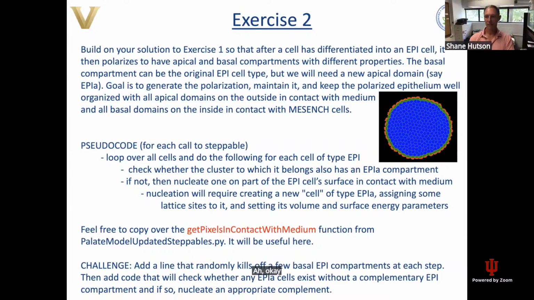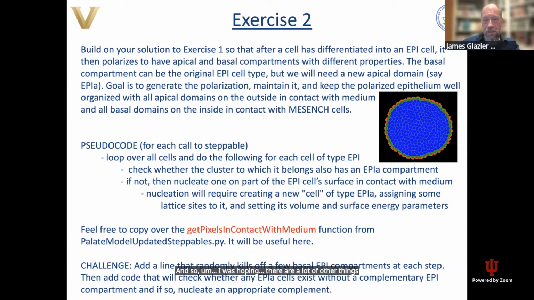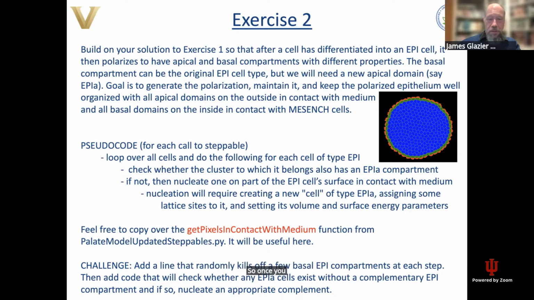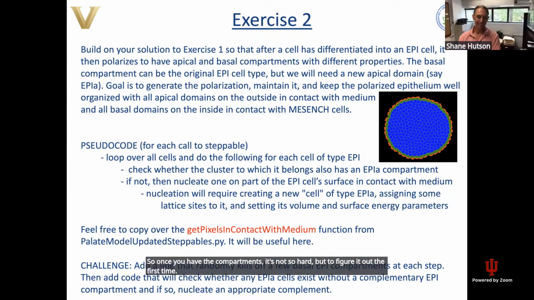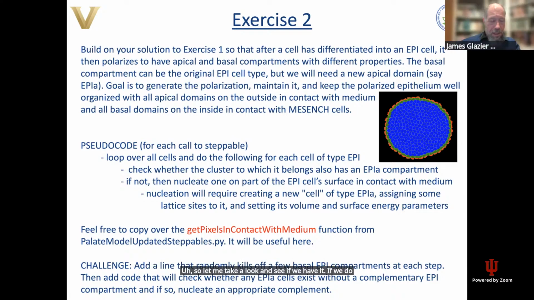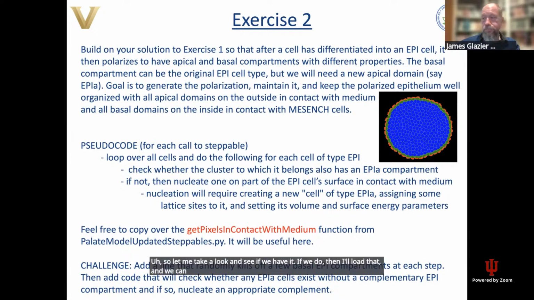There are a lot of other things in your exercises that would be interesting for them, but I was hoping we'd have the completed example for the compartments. Once you have the compartments, it's not so hard, but to figure it out the first time. Yeah. So let me take a look and see if we have it. If we do, then I'll load that and we can go from there. Okay.